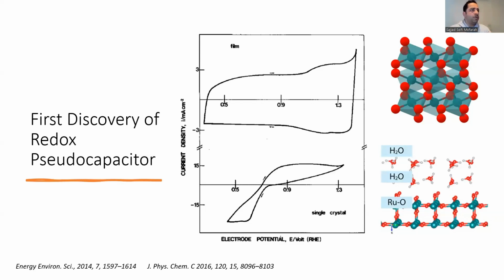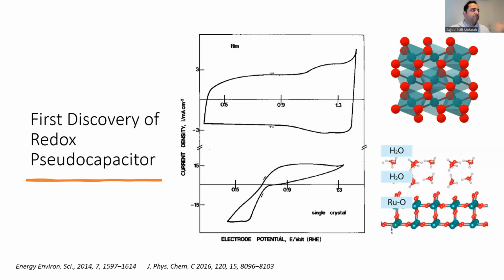The first report of pseudocapacitance behavior of ruthenium oxide actually showed very low gravimetric capacitance, around 100 or 150, and that's only 4 to 7% of ruthenium 4+ actually participating in the redox reaction.